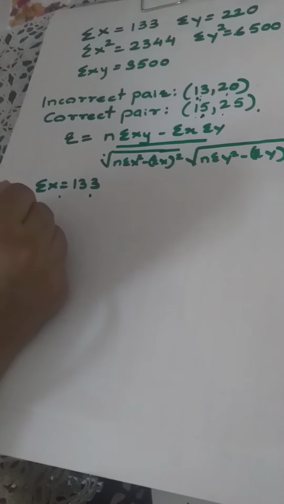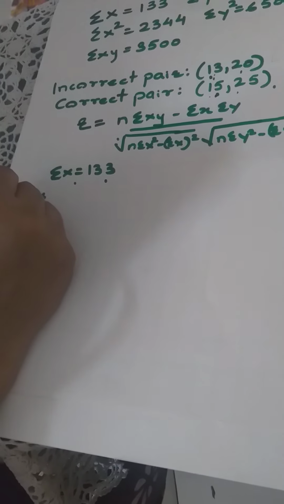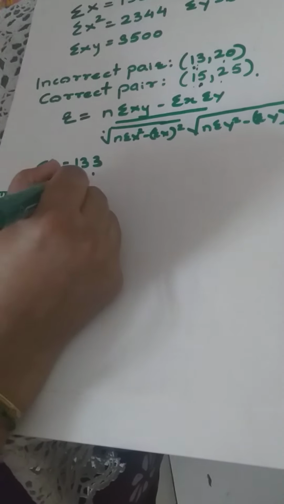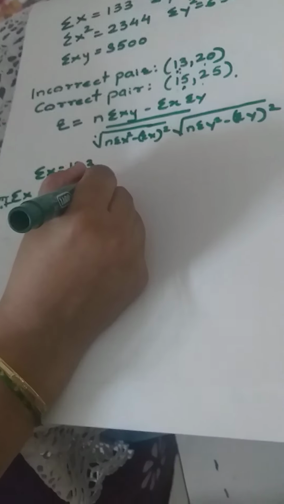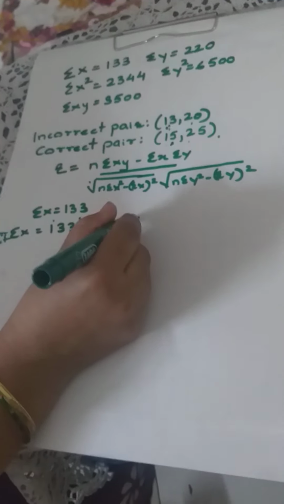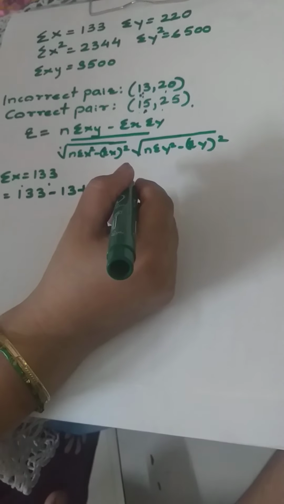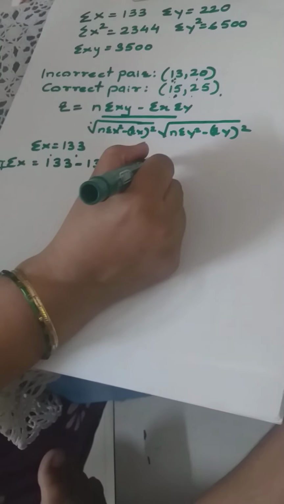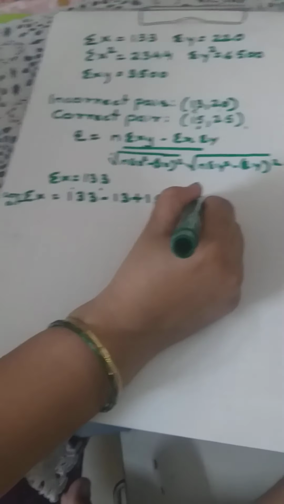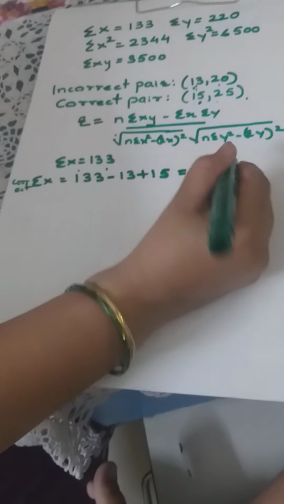So summation x that is correct, I will write it as 133 minus the 13 plus 15, right? So when I do it like this, what I get finally is 135.